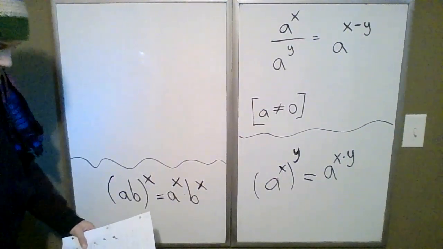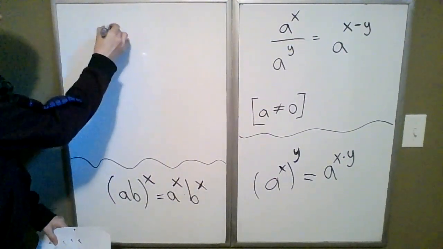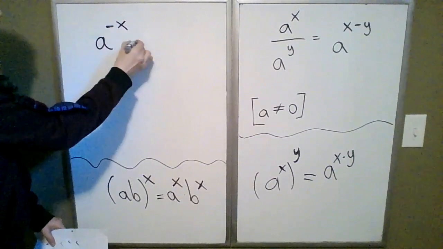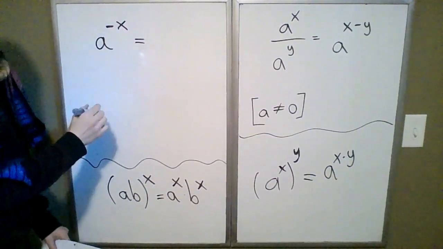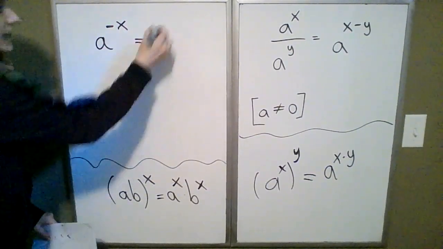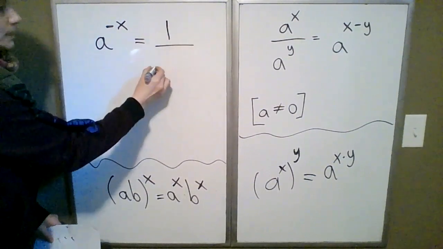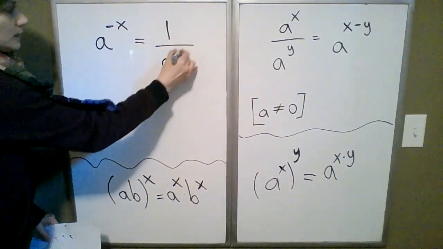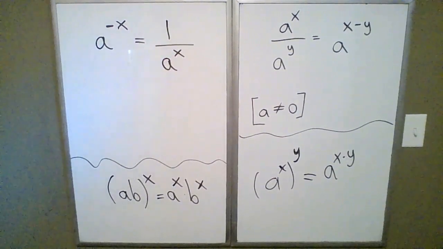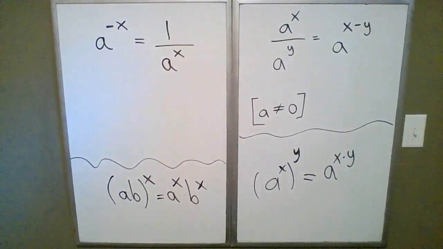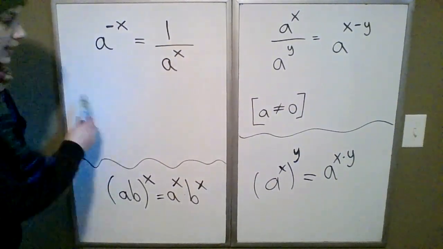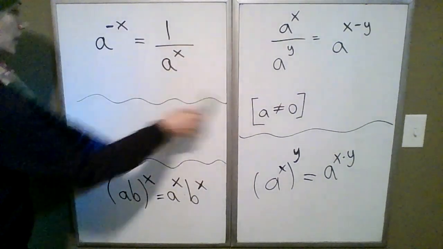This one has a to the negative x is 1 over a to the x. And the last one.